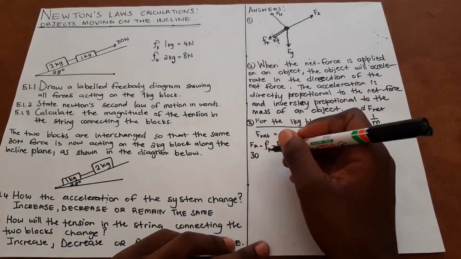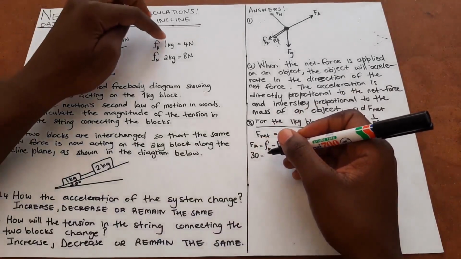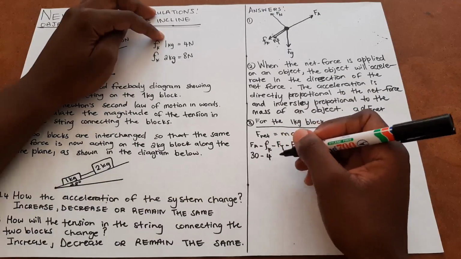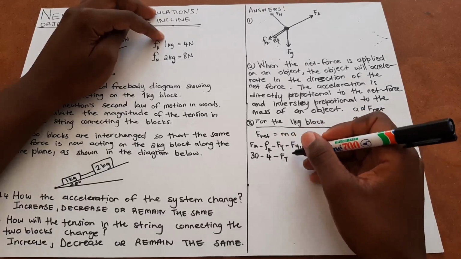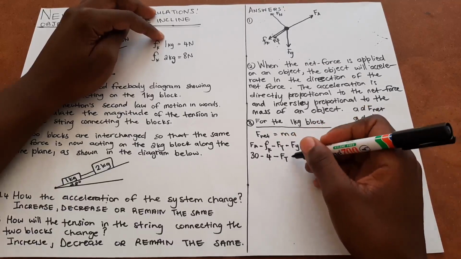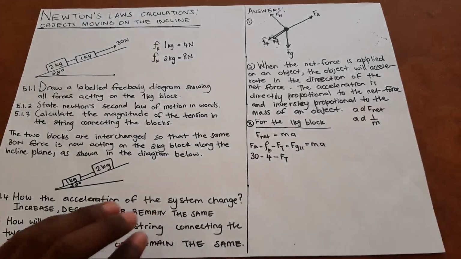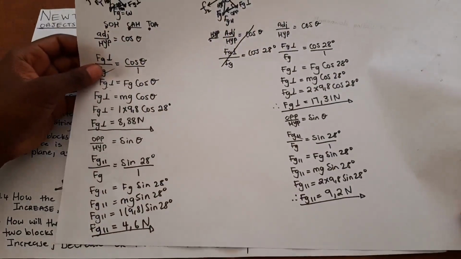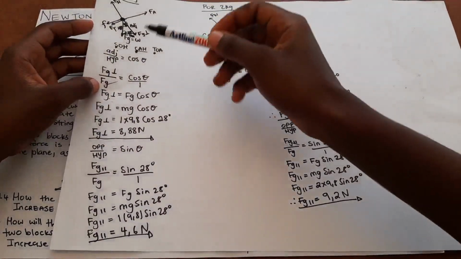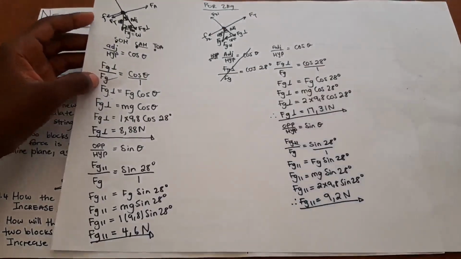So what's our applied force? It's 30 newtons, minus our frictional force acting on the 1 kg block, which is 4 newtons, minus the FT we're looking for, minus FG parallel. For the 1 kg block, FG parallel is 4,6 newtons.